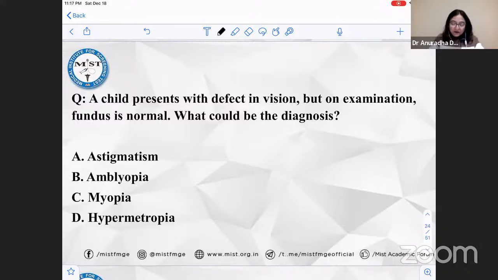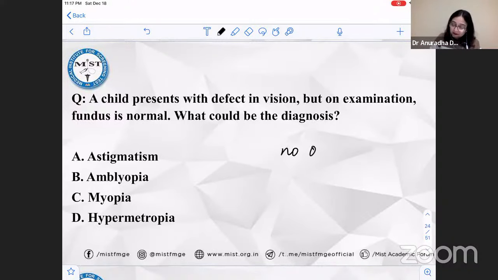Okay. So let's see what they have told. A child has vision defect, but on examination fundus is normal. So what are the choices? Astigmatism, amblyopia, myopia, hypermetropia. Now here the best answer, because what they mean to say is that vision is defective, but there is no organic cause of loss of vision.